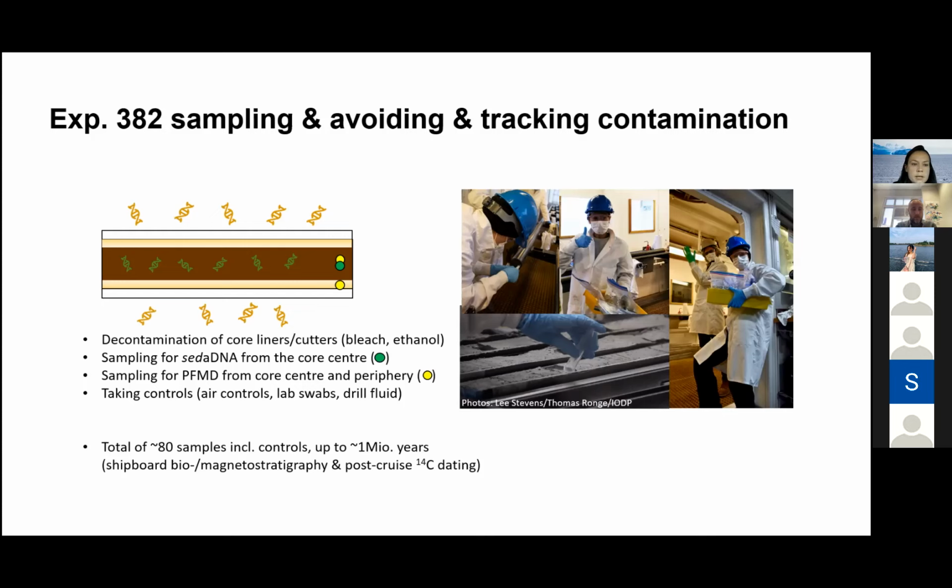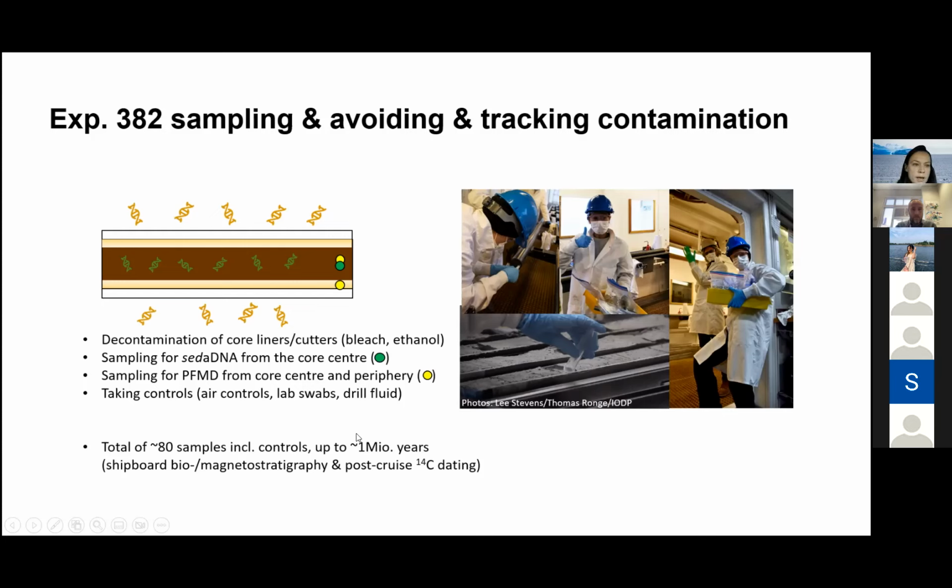So then there's a few other samples that we've collected, like samples of the drill fluid, a couple of air controls, and some swabs around the labs as well. And for this study here, I've collected about 80 samples using this approach from the whole core, sampling every 1.5 meters, because that's the kind of sectioning that's done on these 10-meter cores.